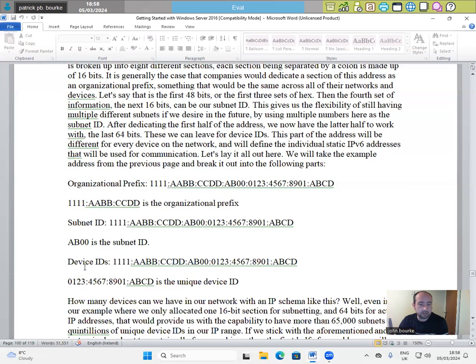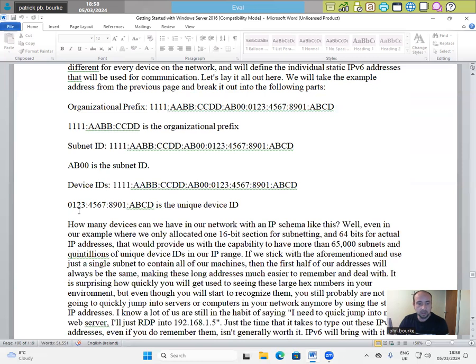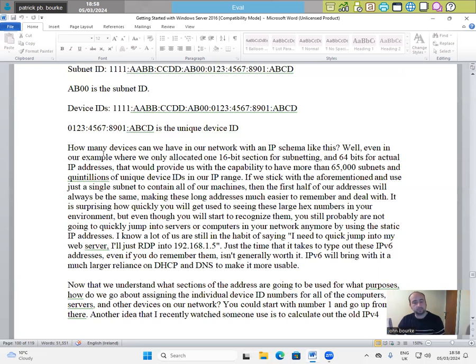AB00 is the subnet ID. Device IDs: 1111:AABB:CCDD:AB00:0123:4567:8901:ABCD. 0123:4567:8901:ABCD is the unique device ID.